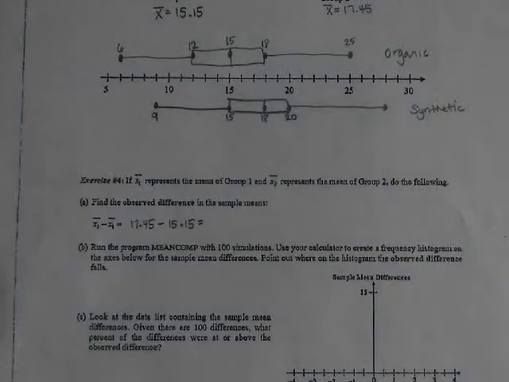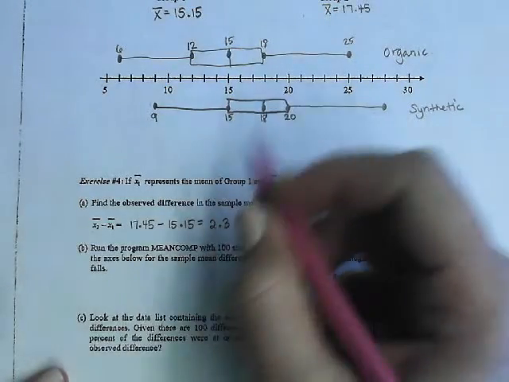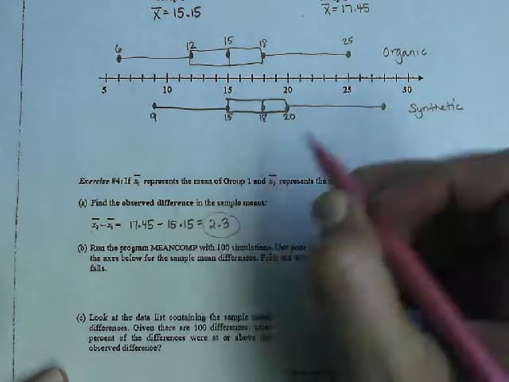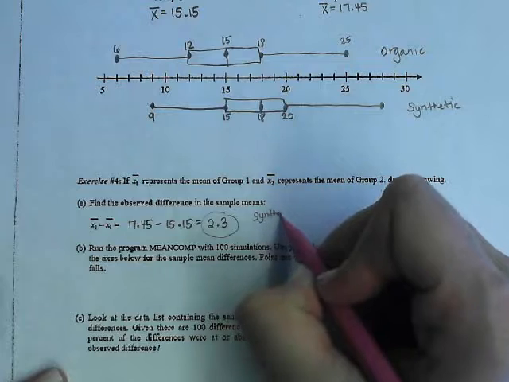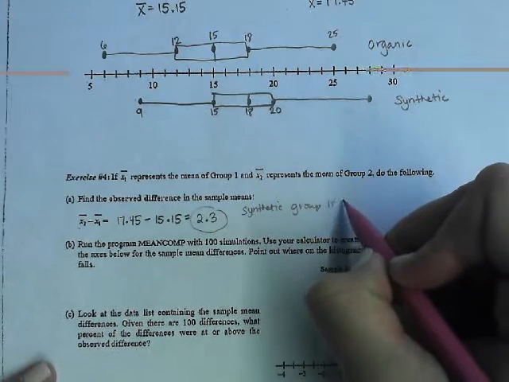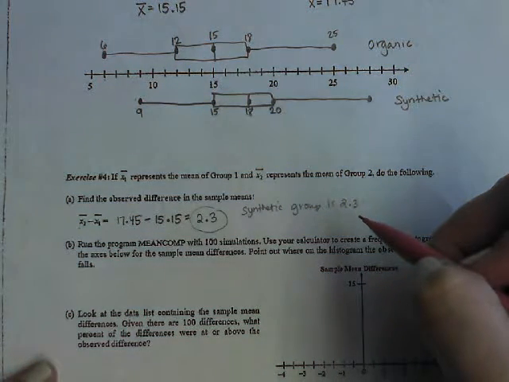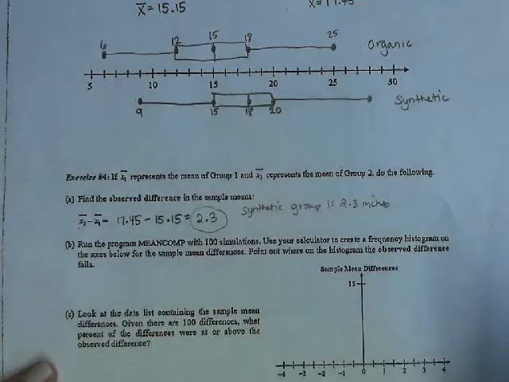So this is our observed difference, 2.3, which means technically that the synthetic group is 2.3, does it say inches or millimeters or anything? I'm going to go with inches. Synthetic group is 2.3 inches taller on average.